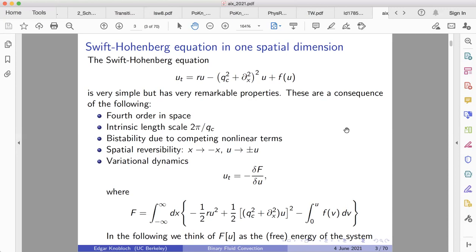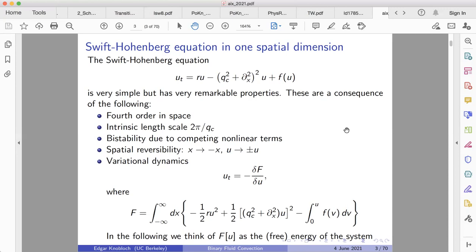But the dynamics of this equation are very simple. The equation has a gradient structure. That means that du by dt is given by minus this functional Fréchet derivative of an energy functional, this F, which I've written explicitly down at the bottom.